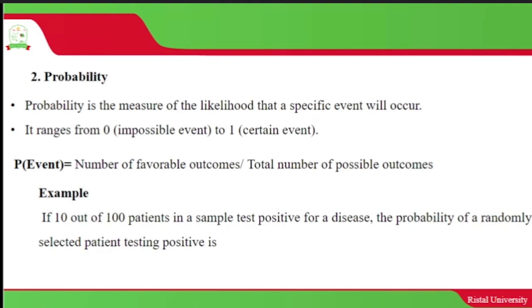So we divide 10 by 100, and it will give us 0.1 or 10%. As simple as that. In current situations, we do not have to do that by hand. There are so many statistical softwares that help us calculate probabilities.